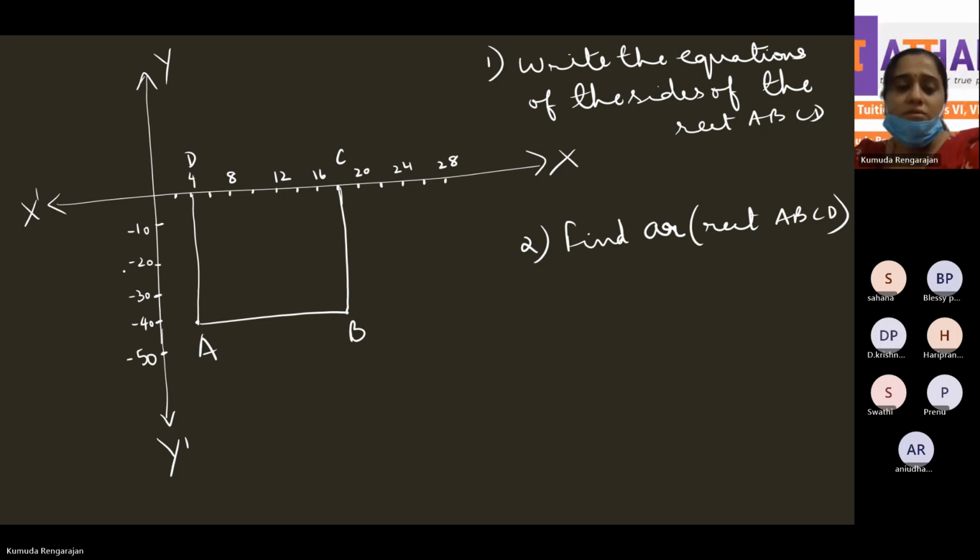Okay, Aniruddhan, fine. Yeah, children, what's the equation of the side AB? Y equals minus 40. Y is equal to minus 40, correct. Y is equal to minus 40 or in standard form?